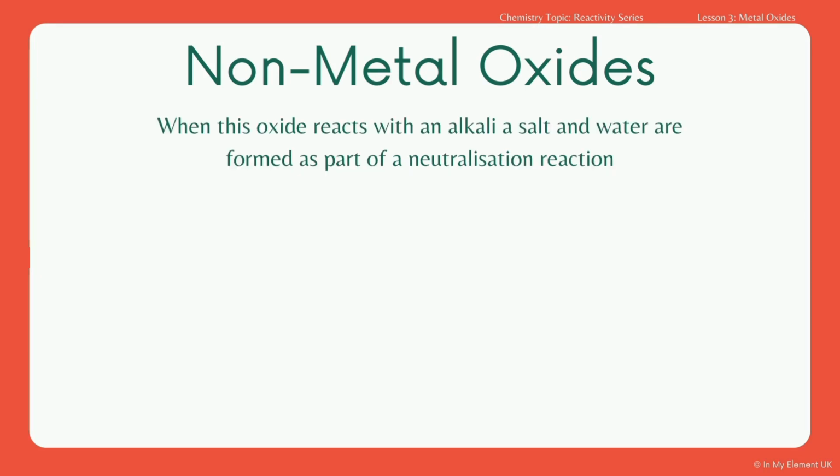So let's take a look at an example of a non-metal oxide reacting with an alkali. The alkali that we're going to use is sodium hydroxide, and the non-metal oxide we're going to use is silicon dioxide. I suggest the two examples I give you here you learn, and these are just straightforward ones that would be really good to be able to name. So sodium hydroxide reacts with silicon dioxide.